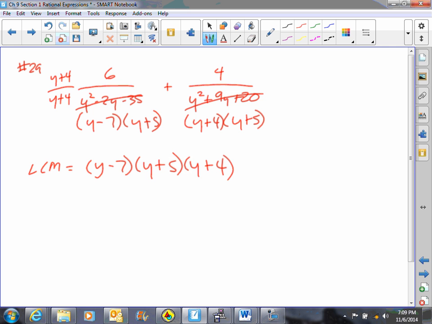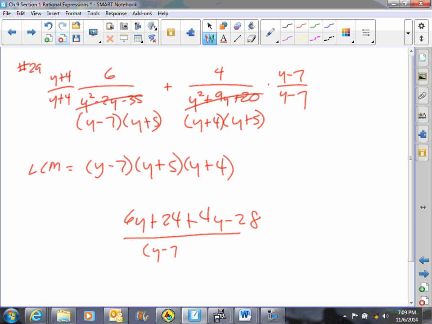The second fraction needs to be multiplied by y minus 7 over y minus 7. Now that gives us, as a fraction, 6y plus 24 plus 4y minus 28 all over y minus 7, y plus 5, y plus 4.